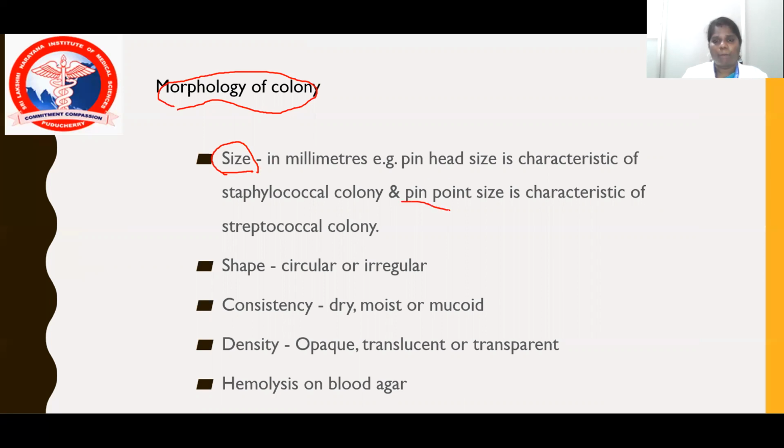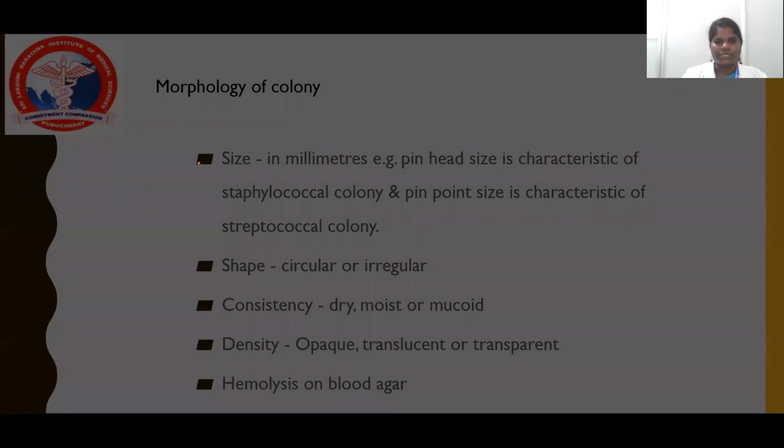If it is pinpoint, it can be Streptococcus. Further, based on the shape also, some organisms will be circular and some irregular, for example Pseudomonas. Some organisms will be dome shaped, for example Klebsiella. Based on the consistency, density and hemolysis also, you can have a preliminary idea to proceed further for confirmation.